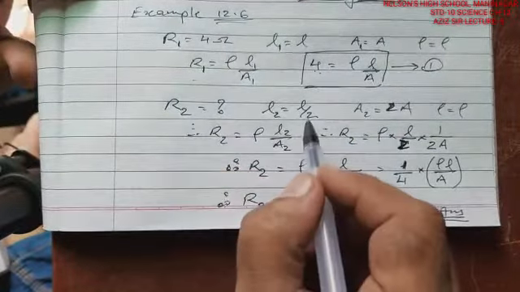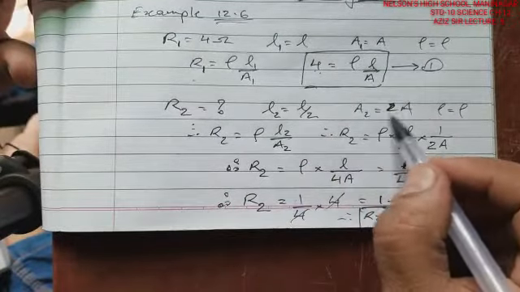Now R2 we need to find. They are changing the length to half and the area to twice.